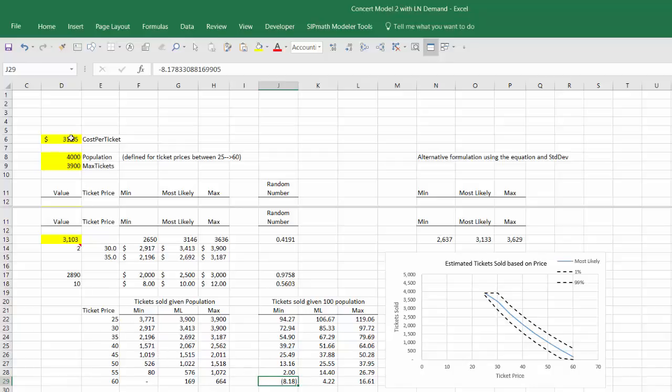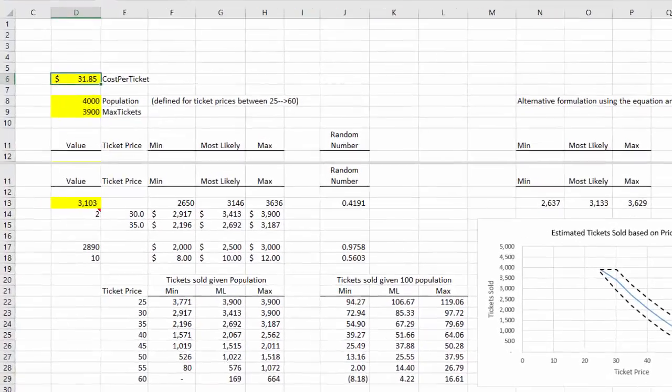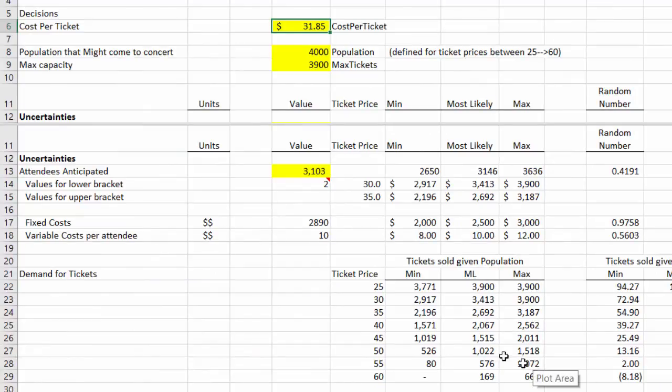So let's put a price here of, let's say, $37. So what should be the attendees, the number of tickets we would sell at $37? Well, $37 is between 35 and 40. So what we want to do is interpolate between these two numbers, and these two numbers.